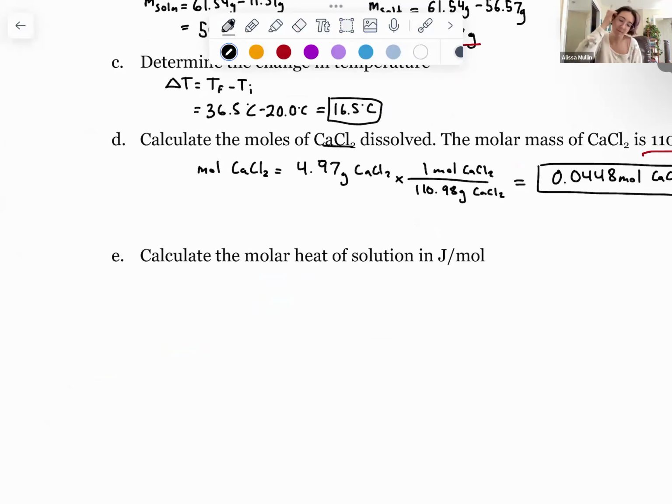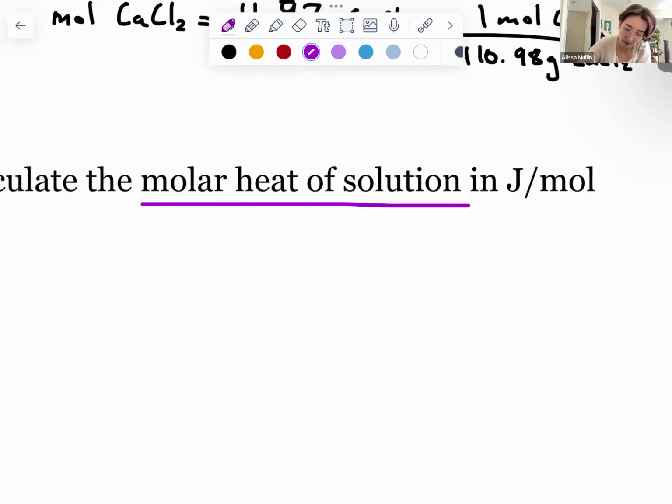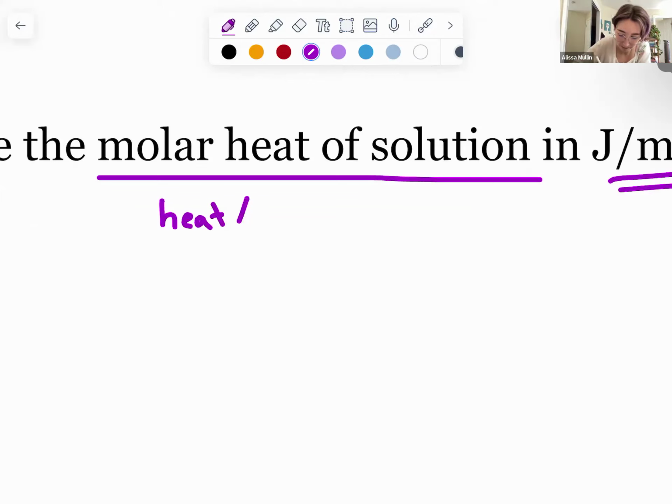And then it is asking about the molar heat of solution in joules per mole. So this is a new term that we haven't heard before, so I wanted to spend some time clarifying that. Molar heat of solution. So like is implied by the units they gave you, molar heat, if they're asking for that, they're asking for the heat per mole, right? The heat involved in that process per mole of reactant or thing you're dissolving.